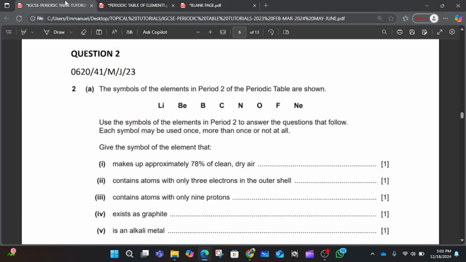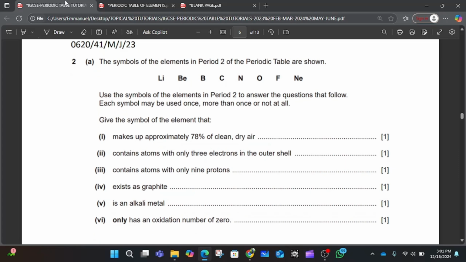The next question is question 2 of May-June 2023, paper 4.1. 2. The symbol of the element in period 2 of the periodic table as shown: lithium, beryllium, boron, carbon, nitrogen, oxygen, fluorine, and neon.